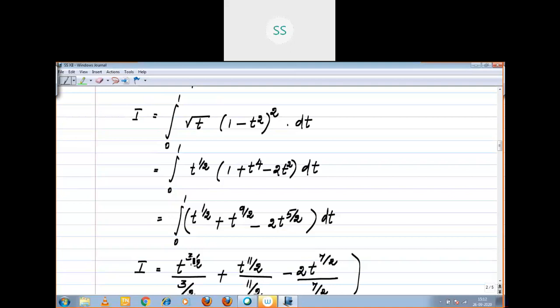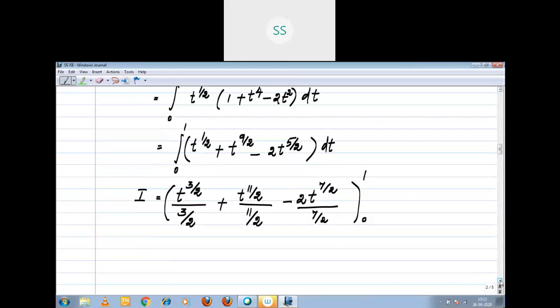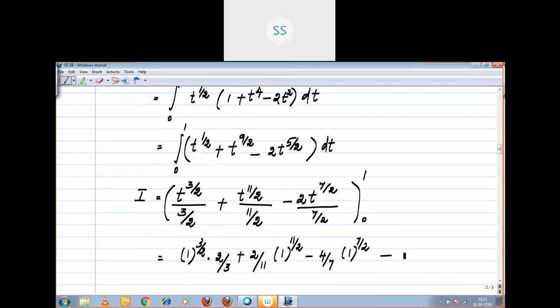Then we are going to substitute the upper limit and the lower limit. Now, see, when you substitute the upper limit, 1 power 3 by 2 into 2 by 3, the denominator will act as a reciprocal, plus 2 by 11 into 1 power 11 by 2 minus 4 by 7 into 1 power 7 by 2, minus 0.